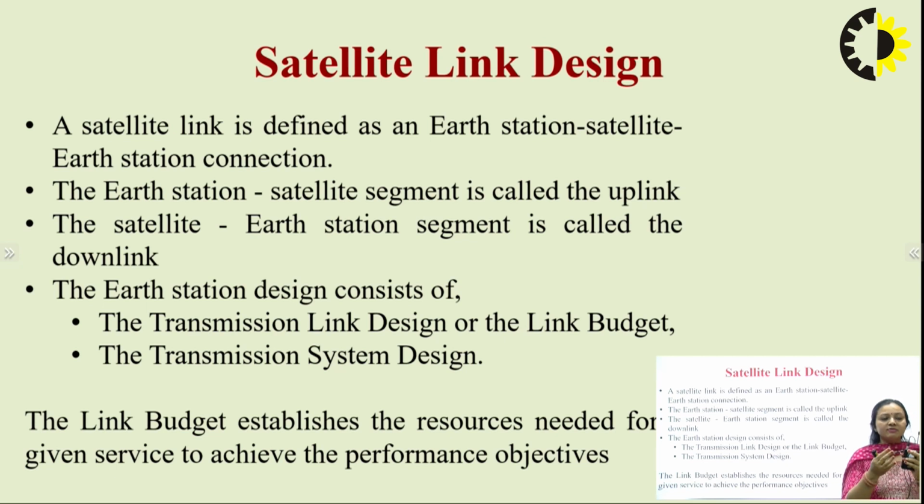Then in the satellite, I have regenerators, or repeaters. They repeat and regenerate the information, and after that it is broadcast towards the ground Earth stations. So I want to calculate a proper link budget for this purpose. The link budget establishes the resources needed. Whatever resources are needed for a given service to achieve the performance objectives, we call it a link budget.